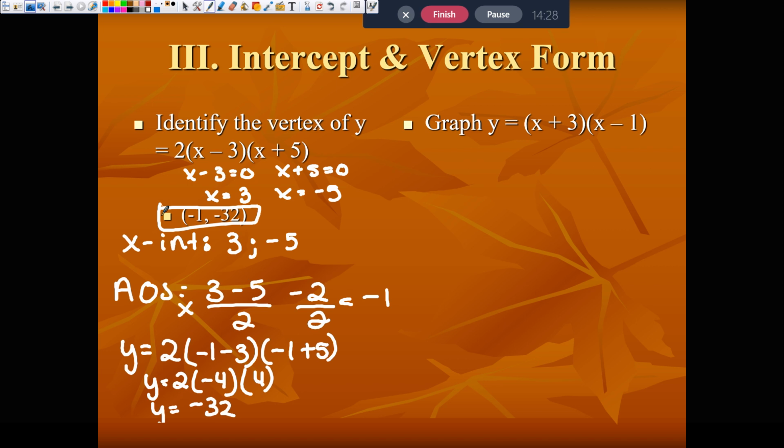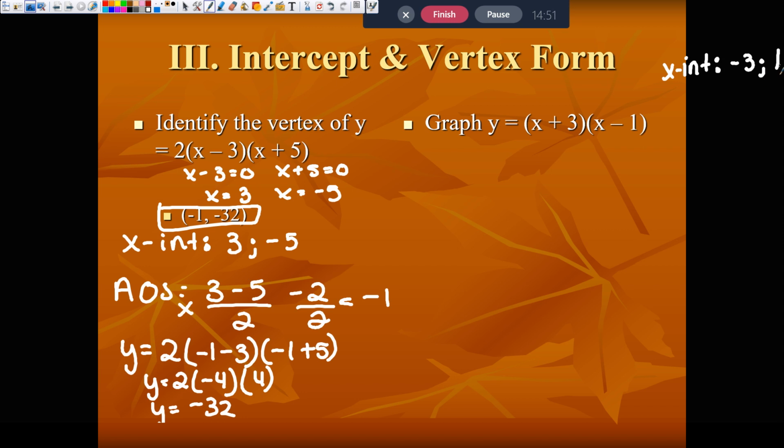If they want us to graph from intercept form, then we already have our x-intercepts. We just need to find our vertex, and those are our 3 points. So our x-intercepts are what on this equation? -3 and 1.